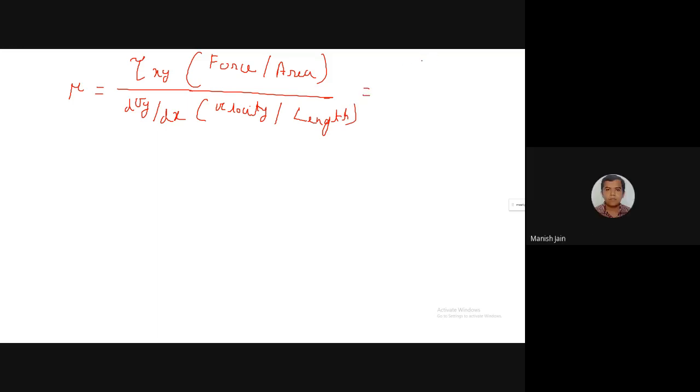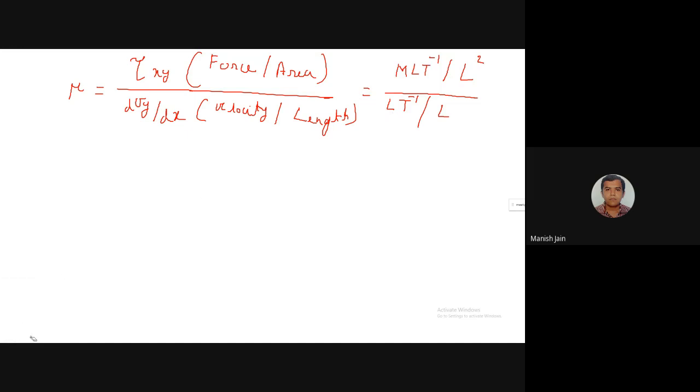So what is the unit of the force? Force is mass multiplied by length per unit time squared. What is the unit of the area? That is L to the power minus 2. And then velocity is length per unit time, divided by L, so that is L to the power plus 2 in the denominator.